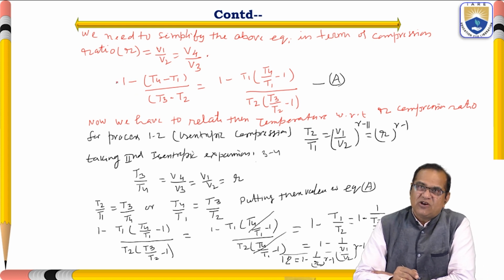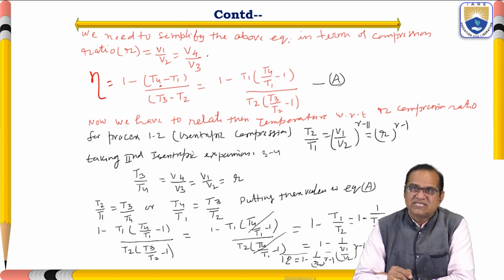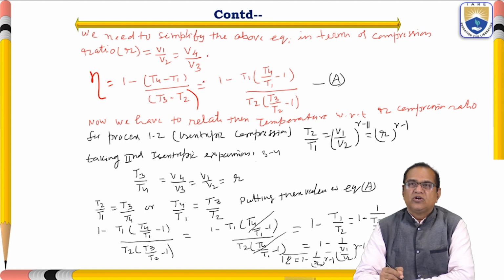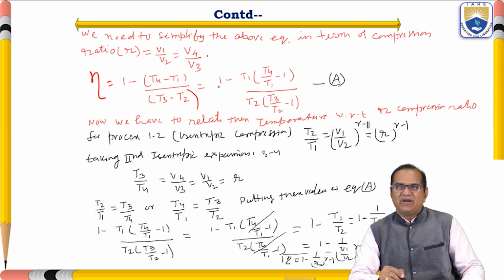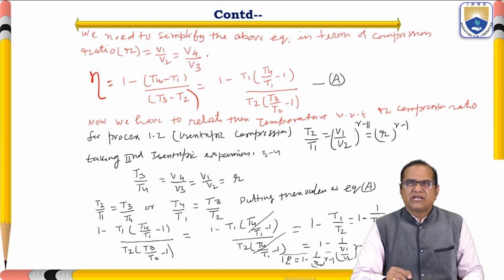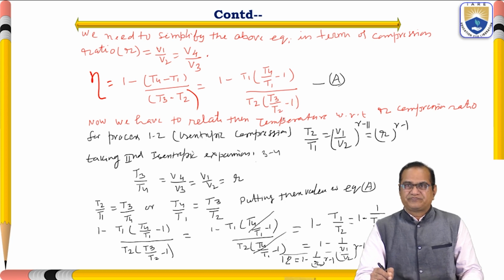In the previous class, we have seen that the efficiency is equal to 1 minus (T4 minus T1) by (T3 minus T2). Here we will take T1 common: 1 minus T1 times (T4 by T1 minus 1), divided by, taking T2 common, T2 times (T3 by T2 minus 1).